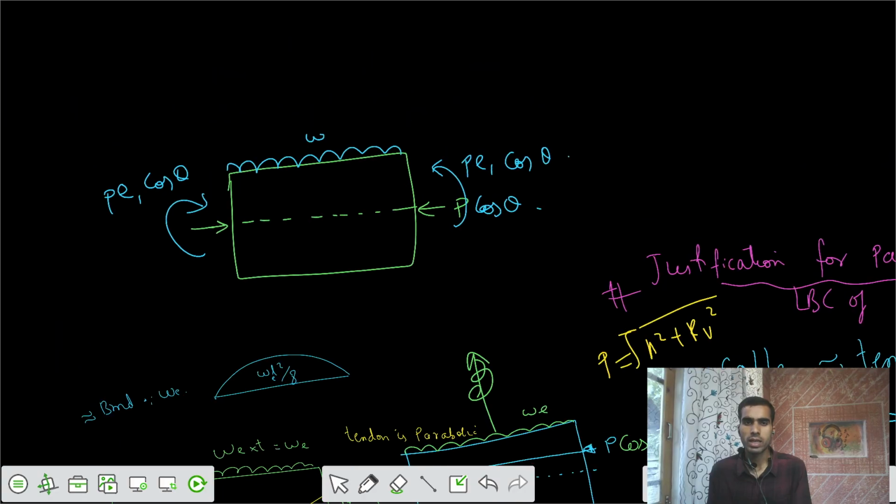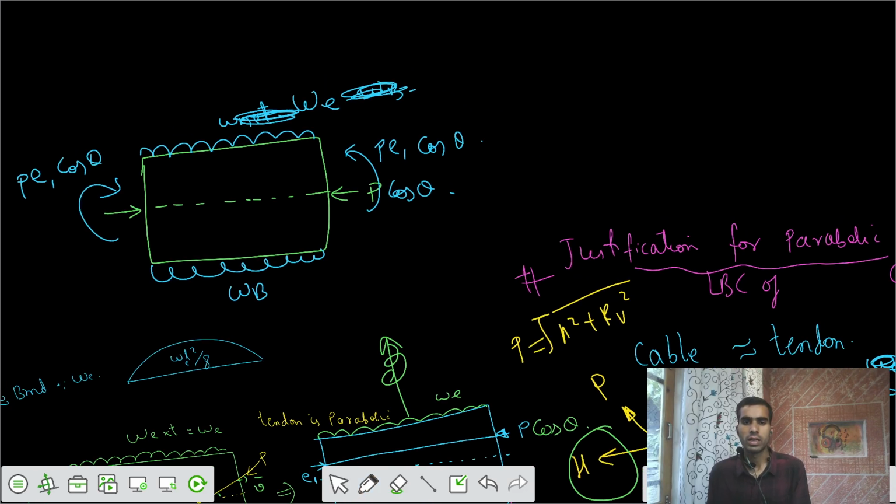Now let's say there is some net downward value, W external minus W balancing, or we can keep it as W external, and we also have some W balancing here. Then finally I can solve that.